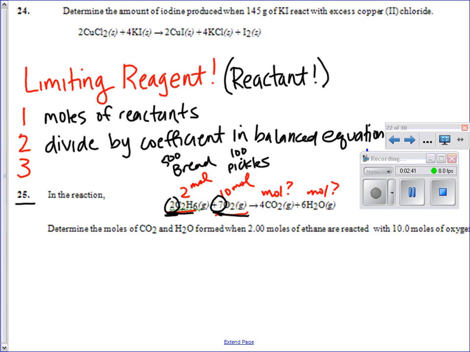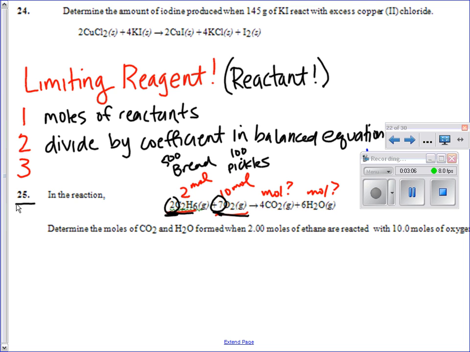So here, 500 divided by 2 is 250. What is that telling me? I can make 250 sandwiches. I can do the reaction 250 times. Here, 100 divided by 7, a lot less, right? So in this case, that would be my limiting reagent. So by dividing moles, which have to be in the same unit, by the coefficient in the balanced equation, I can figure out what's going to run out first.